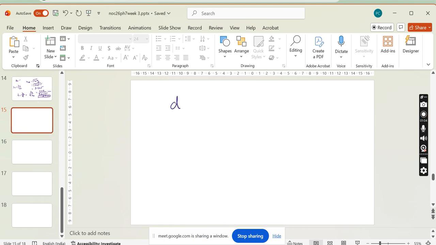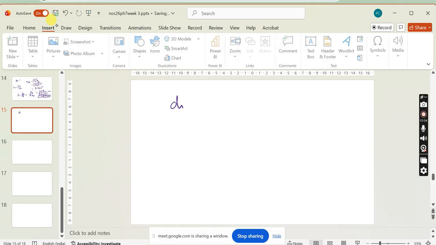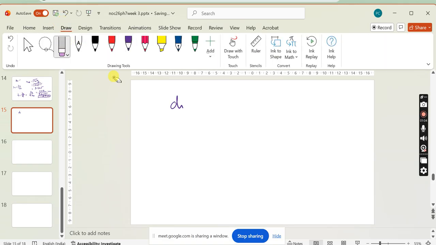So the next thing the professor has discussed is basically diffraction. And what is diffraction?